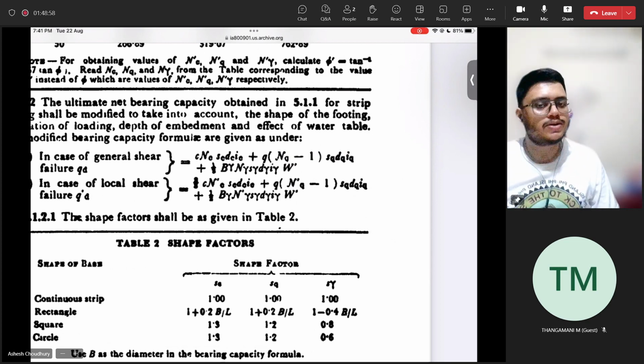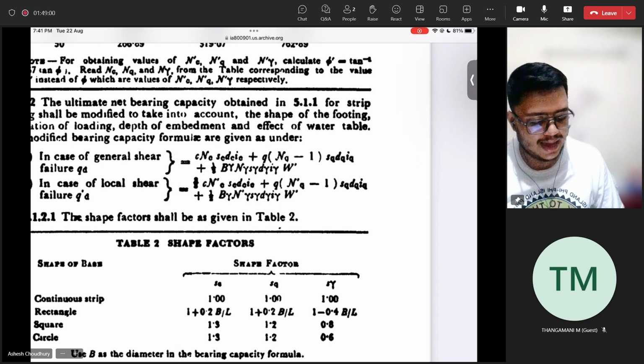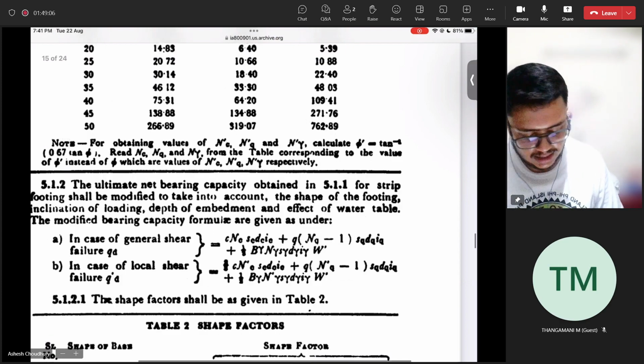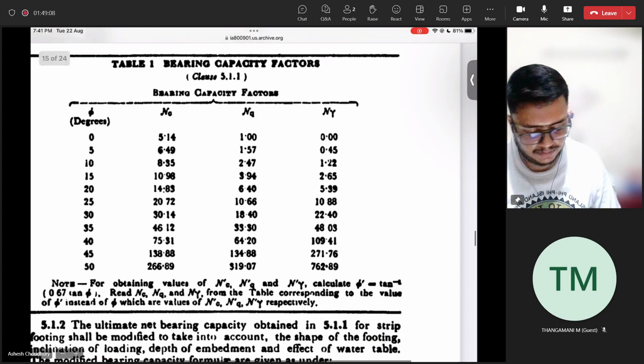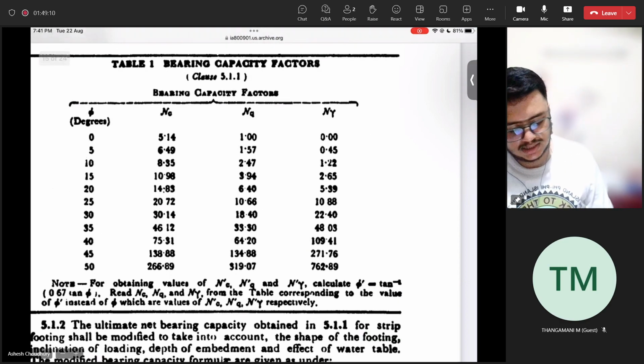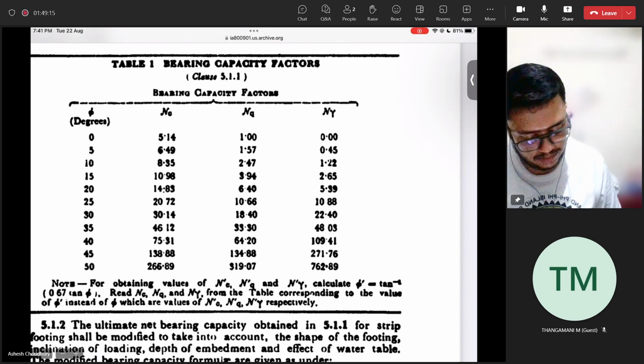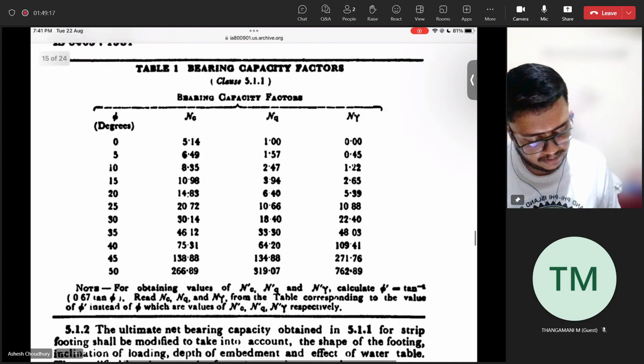So c is nothing but the cohesion. Nc, Nq and N gamma are the bearing capacity factors, and they are related to the angle of friction, which we can get from this table. Alright.